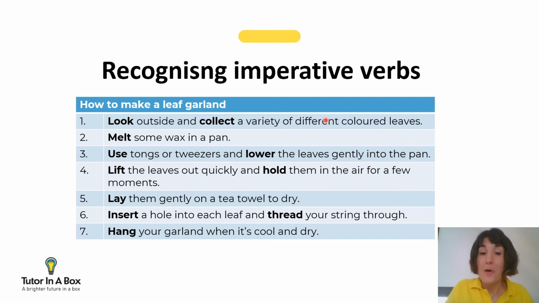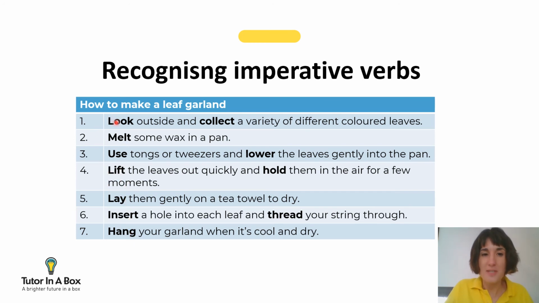Okay, so one question I have for you is, what do you notice about where the imperative or bossy verbs appear in the sentence? So have a think about that. I don't know if you've noticed, but I can see they're all here at the front.